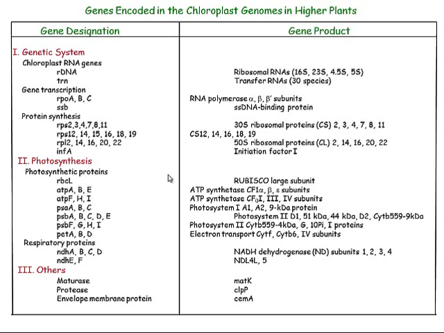And you can see that one of these is the rbcL gene, rubisco large subunit. Rubisco, ribulose bisphosphate carboxylase oxygenase, is the most abundant protein in nature. This is the protein which combines carbon dioxide and brings it into organic combination.